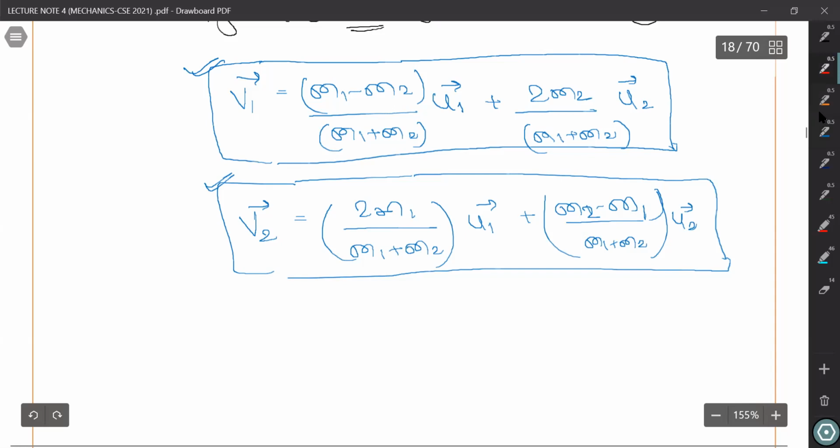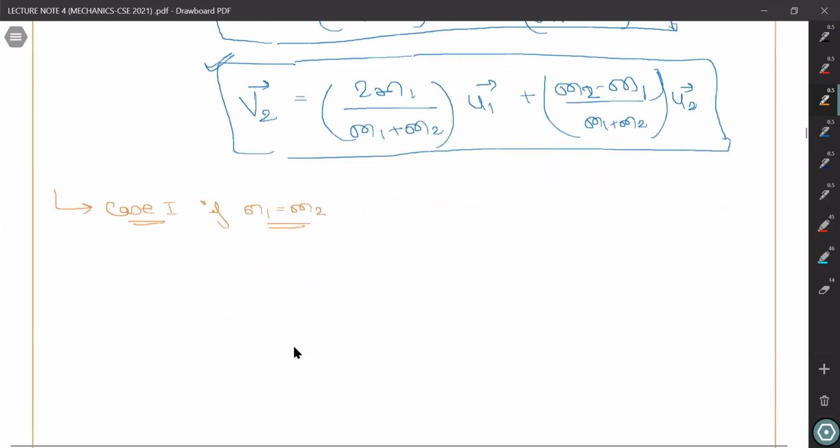So now let us see some cases, right? Case 1: if m1 equals m2, what happens?